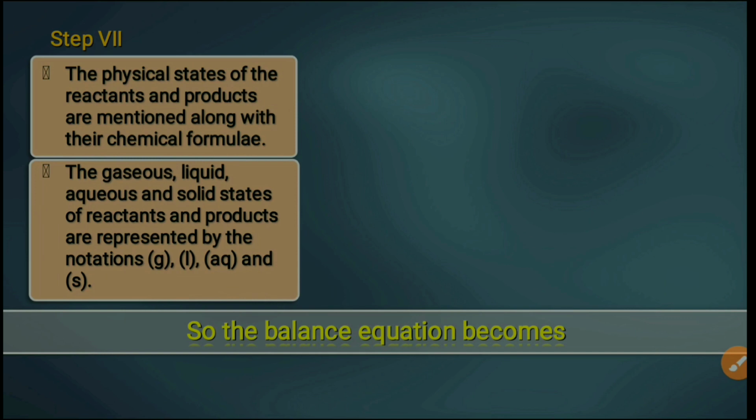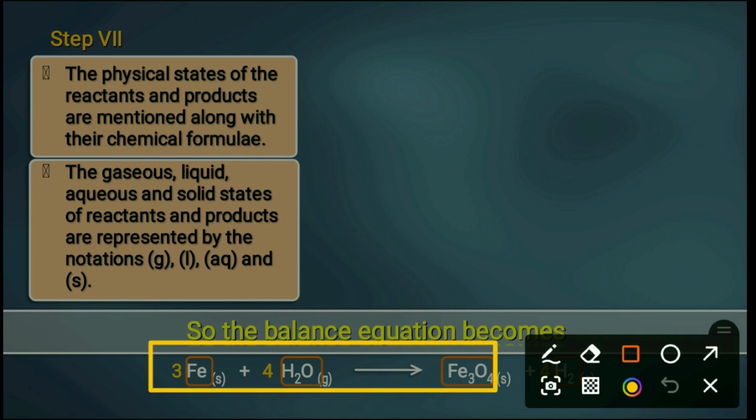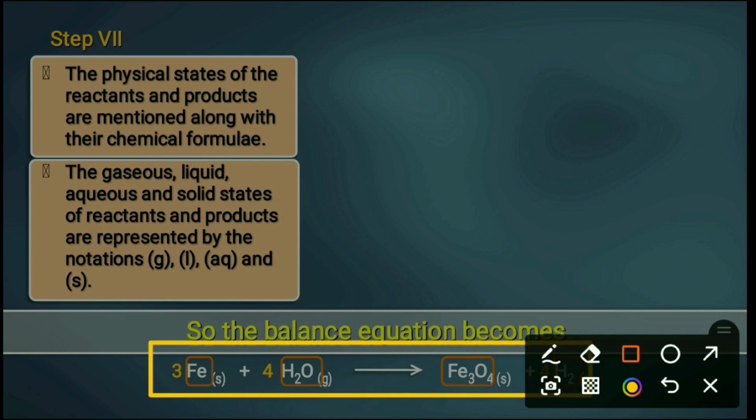So the balanced equation becomes 3 Fe plus 4 H2O gives Fe3O4 plus 4 H2. So 4:8. Are you looking at that? It is our balanced equation now.